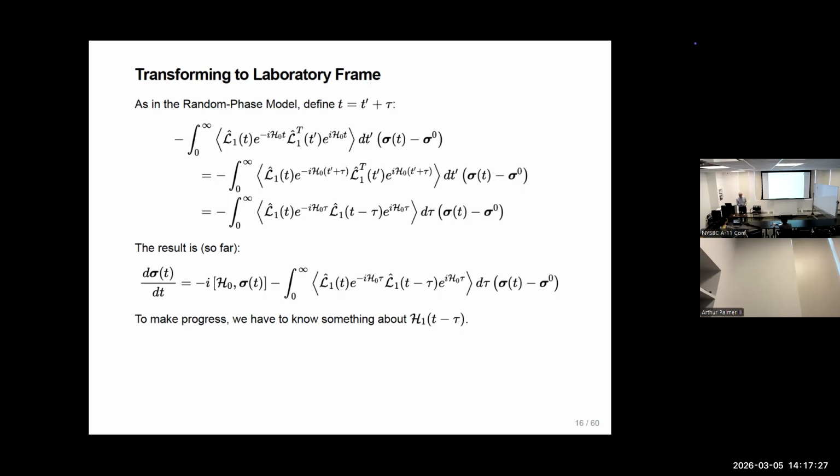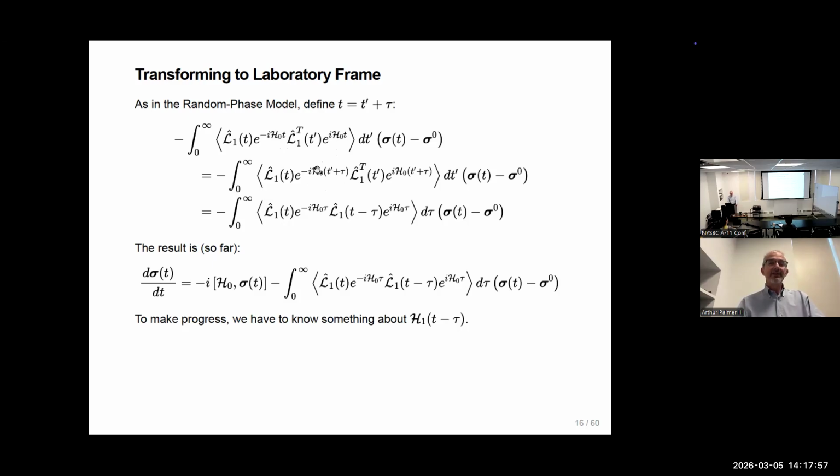Oh, I've done this backwards. Let me look at the notes. So this part, we assume things are stationary. So then we have e to the h naught t, but that's the same as e to the h naught t prime plus tau, because t minus t prime is equal to tau.